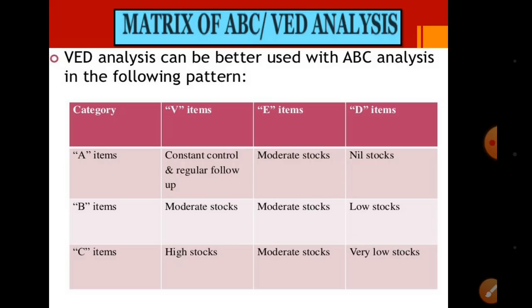VED analysis can be better used with ABC analysis in the following pattern. The AV items need constant control and regular follow-up. The BV items, that is in B row and V column, need moderate stock. The CV items, that is in C row and V column, need high stock. AE items need moderate stocks.